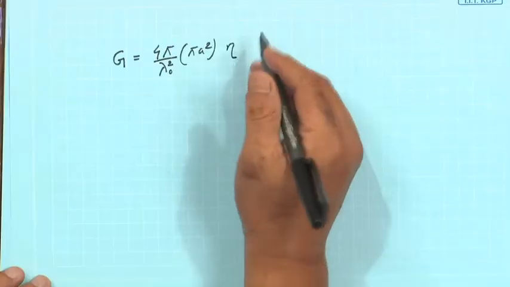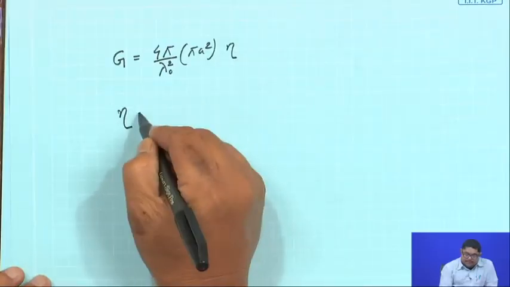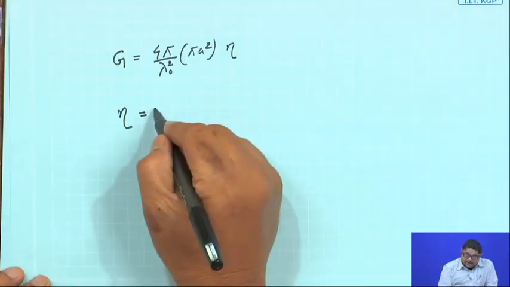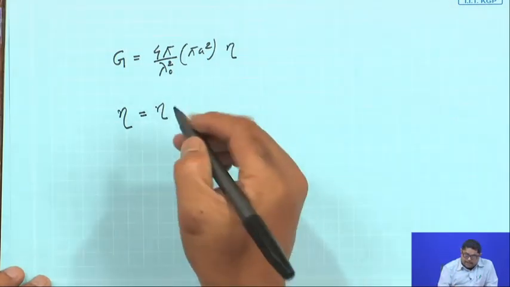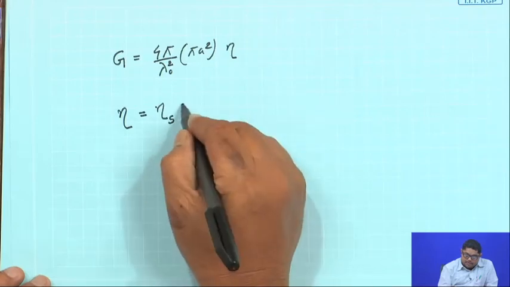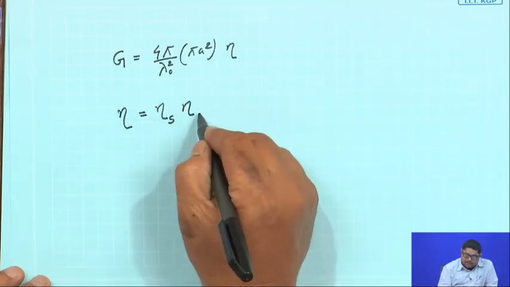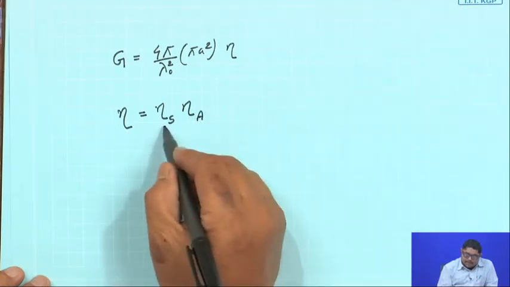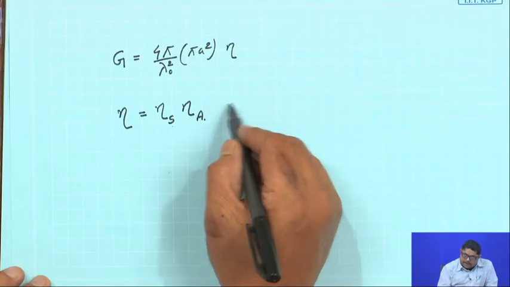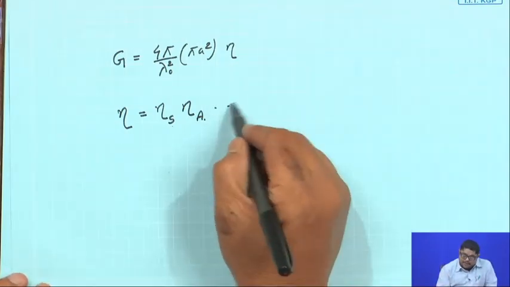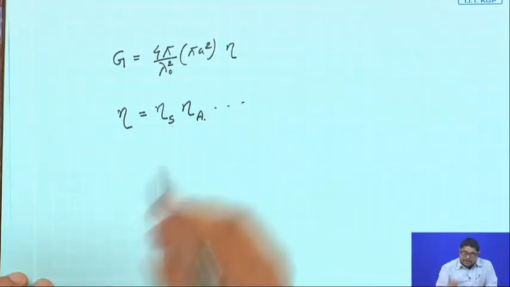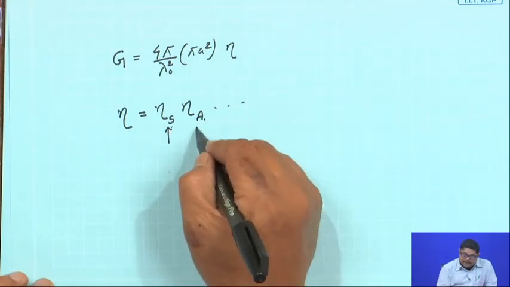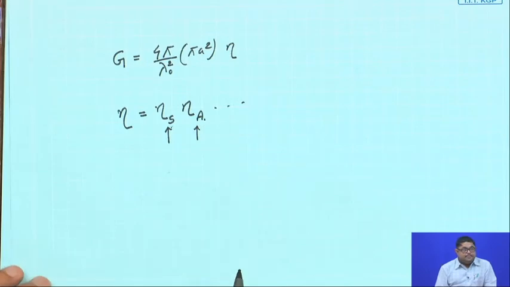Initially I am writing eta s and eta a; later others will come. Let me see this first, then the others.